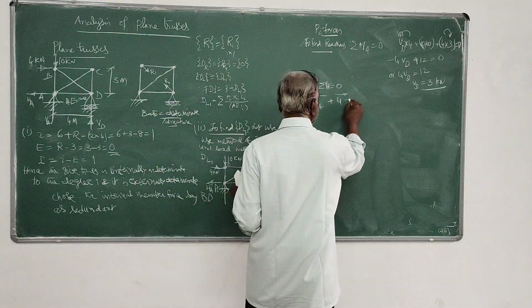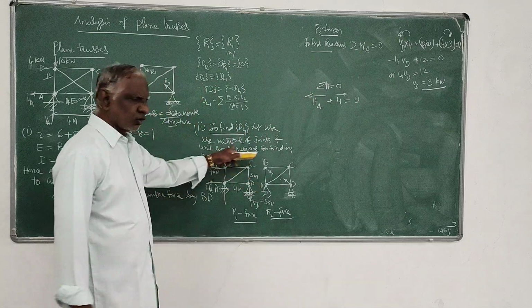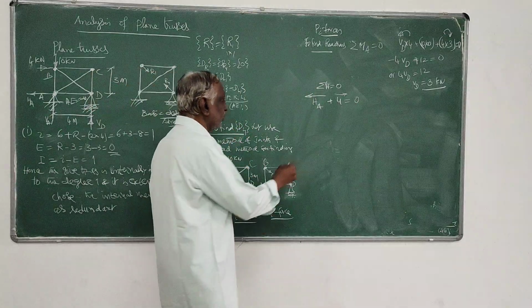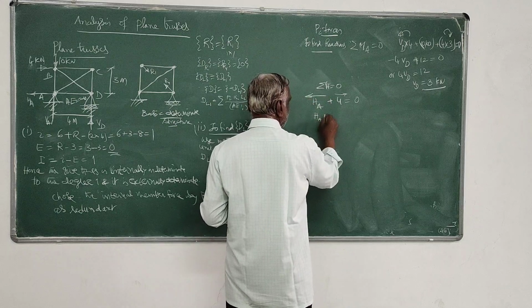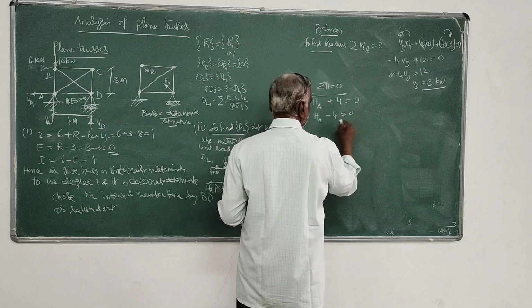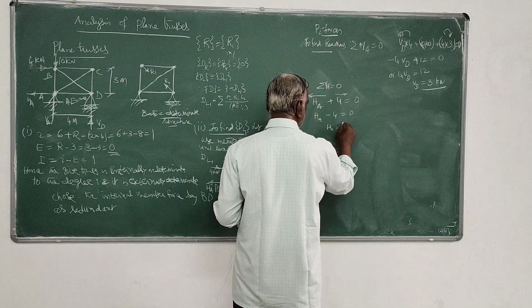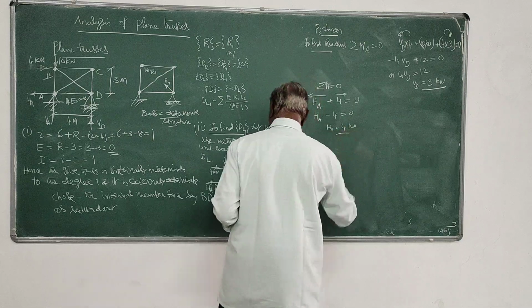Those are the only two horizontal forces, no other force is horizontal, so the sum is equal to 0. If I take HA as positive, it is HA minus 4 equals 0, or HA is equal to 4 kilonewtons.